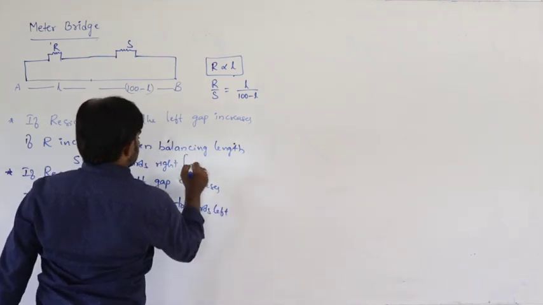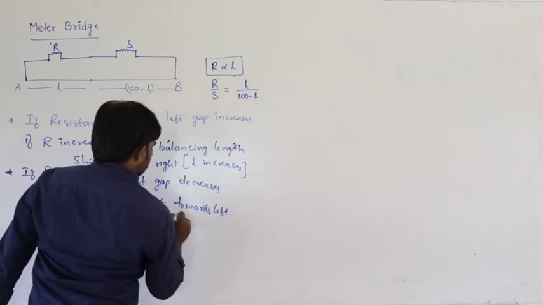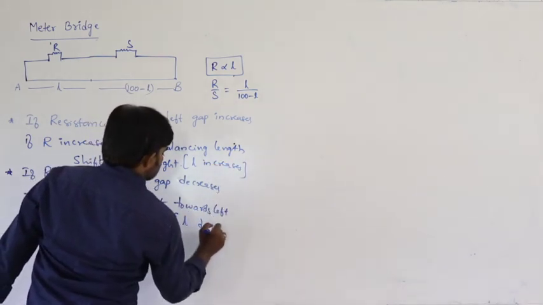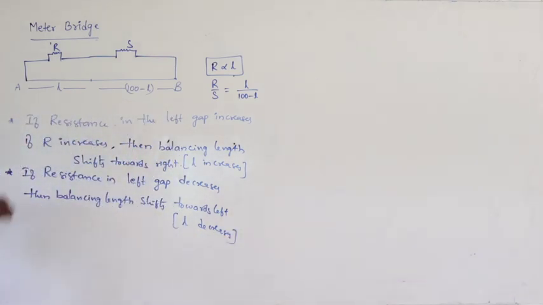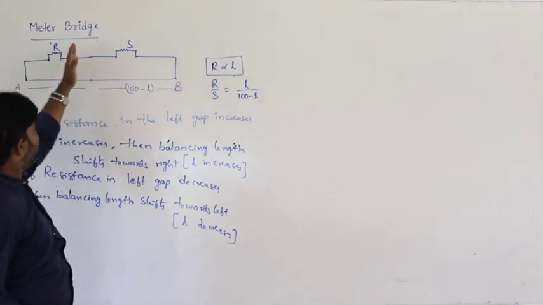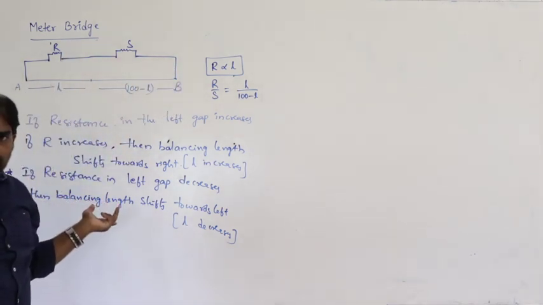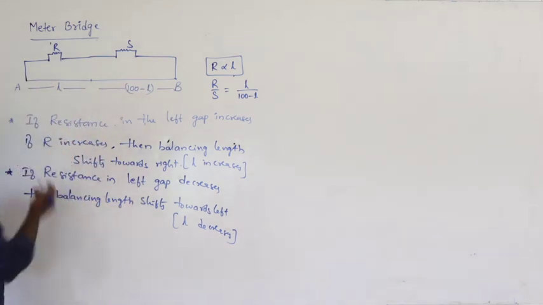Shift towards left means L decreases. So, R value increases, L value increases. If R value decreases, L value also decreases. That means it shifts towards right or it shifts towards left.